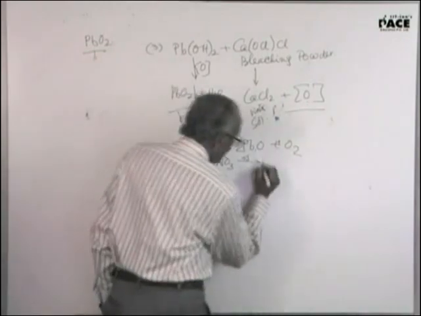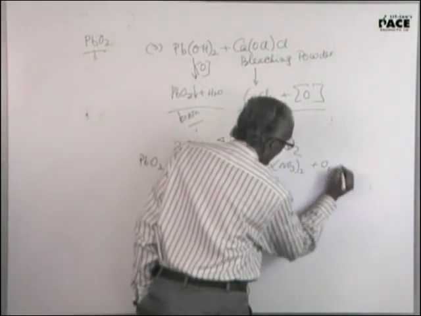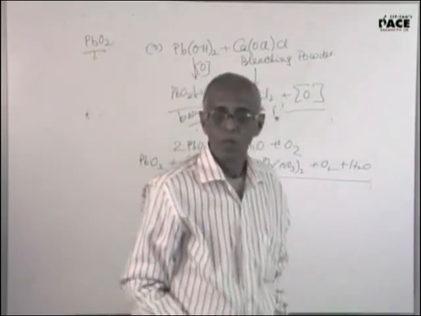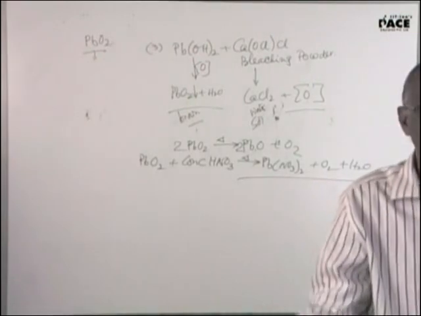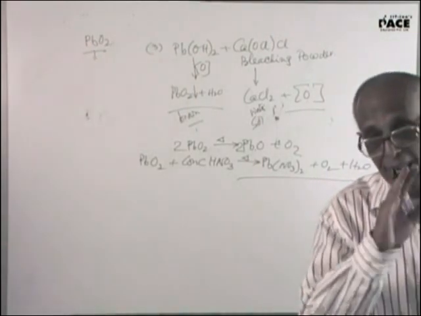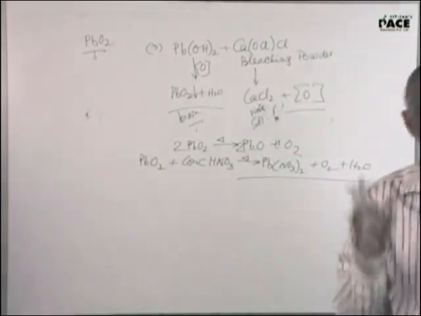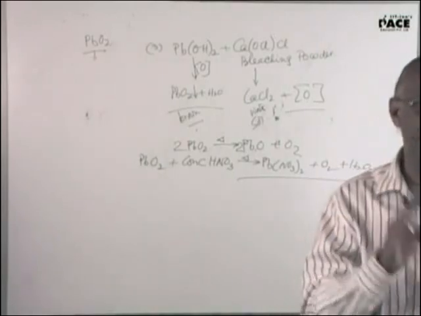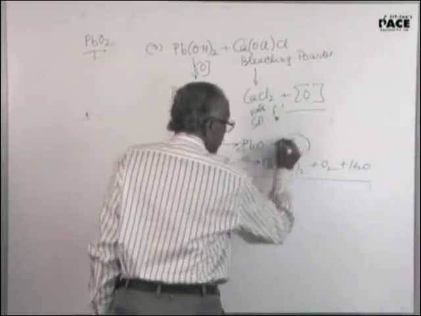You will get lead nitrate, oxygen and water. If you take copper with concentrated nitric acid, you will get copper nitrate, nitrogen dioxide plus water. But lead will not give you nitrogen dioxide. Lead will not give you sulfur dioxide when you heat it with concentrated sulfuric acid. It will always give you oxygen.